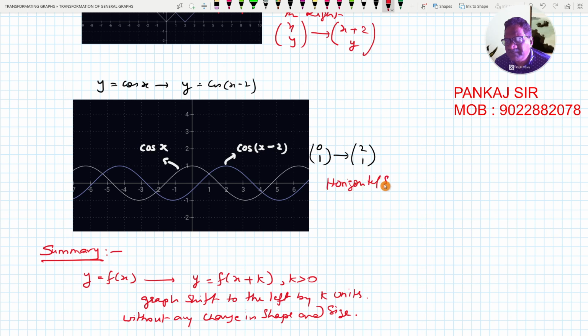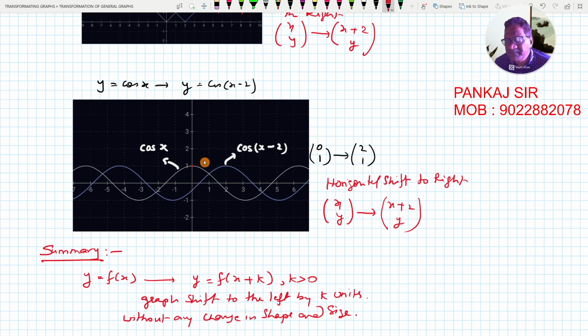Now when it is minus 2, the shift will be in the opposite direction, that is right. So here again, in general, if you have an x, y coordinate on the parent function like cos x, then in the transformed function you will have x plus 2 and y, right? And at that point you can take as on the x-axis, let me take this as that point.